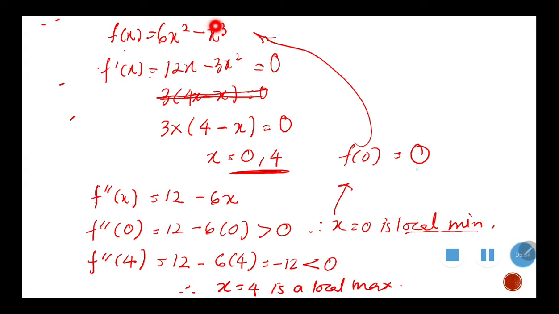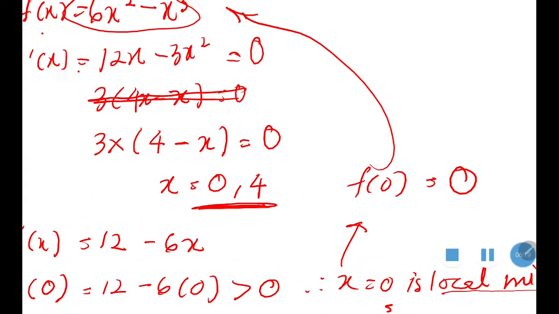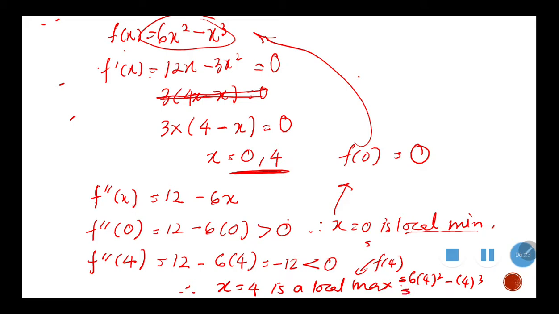Then for f(4), substitute the value 4 into the function: calculate 6 times 4 squared minus 4 cubed. That is the value. So the value of the local maximum when x equals 4 is such value, right? Okay, so we're done with this example. The answer is 32.